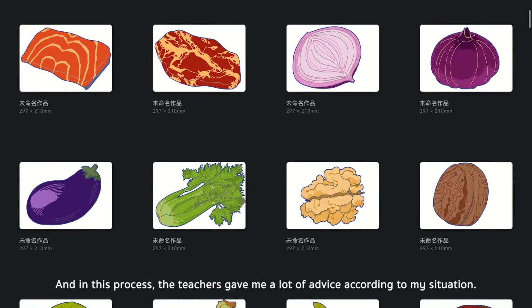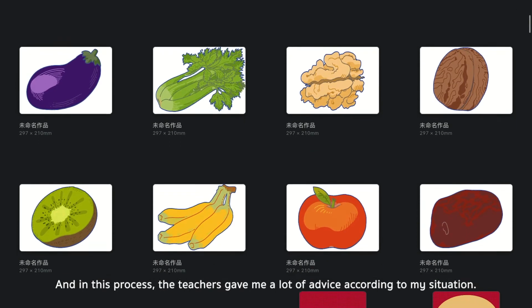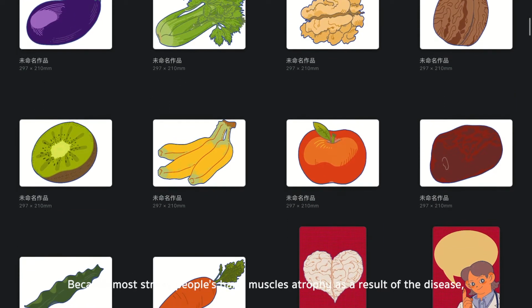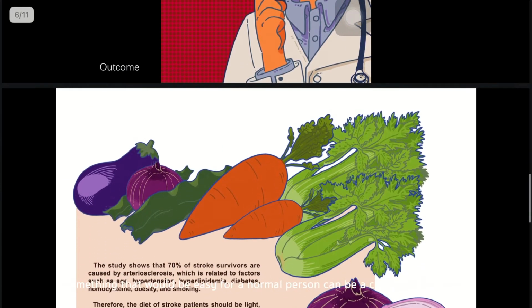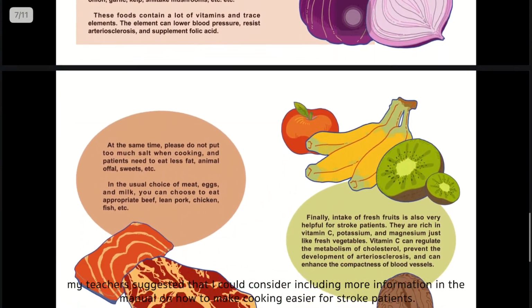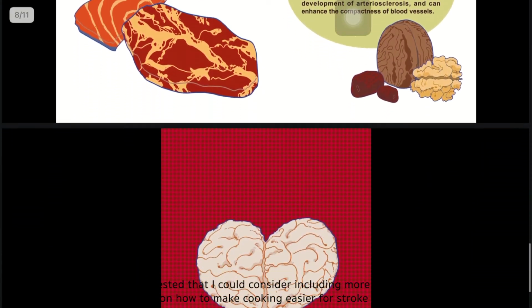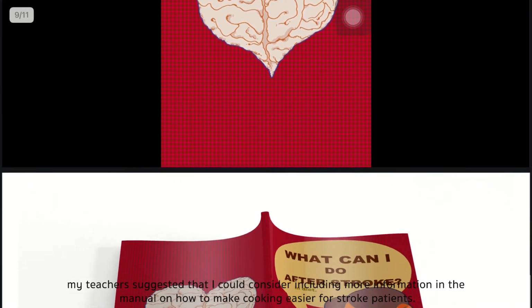In this process, the teachers gave me a lot of advice according to my situation, because most stroke patients' hand muscles atrophied as a result of the disease. Something that would be easy for normal people can be a challenge for them. After reading my initial thoughts, my teacher suggested that I could consider including more information in the manual on how to make cooking easier for stroke patients.